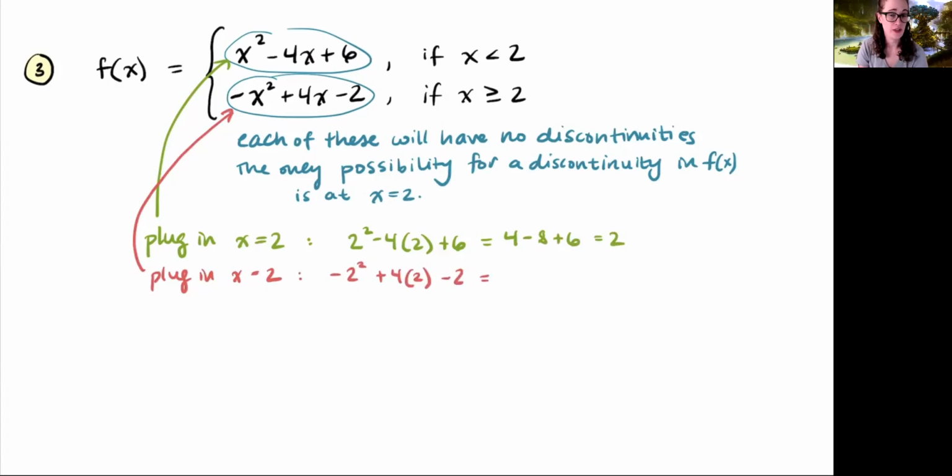This will be 2 squared first, which is 4. Then you negate it. So it'll be negative 4 plus 8 minus 2. Okay, negative 4 plus 8 is positive 4. Minus 2 is positive 2. Oh, so these are meeting together in the right spot. So it looks like this one is going to have no discontinuities.